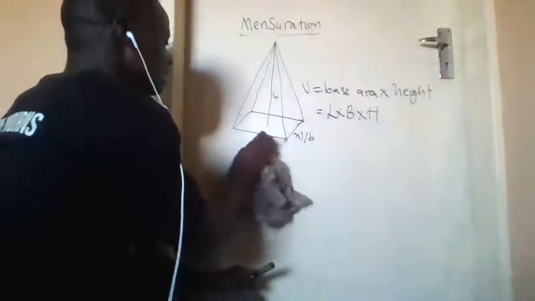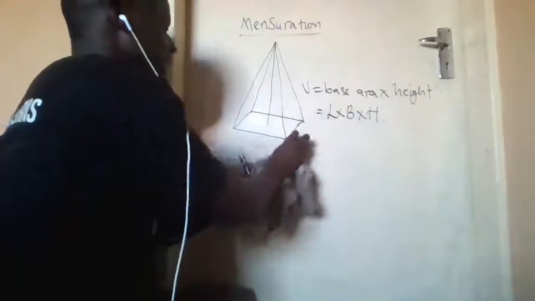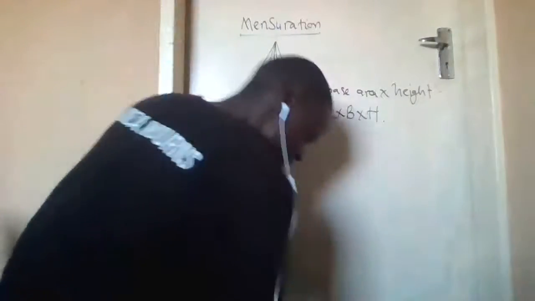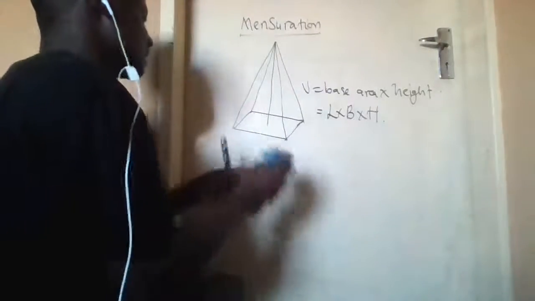So if by any means these dimensions were given, we'll just look at a quick example. Most of the times when I'm making my own questions, I ask students to create their own, just to say numbers at random.